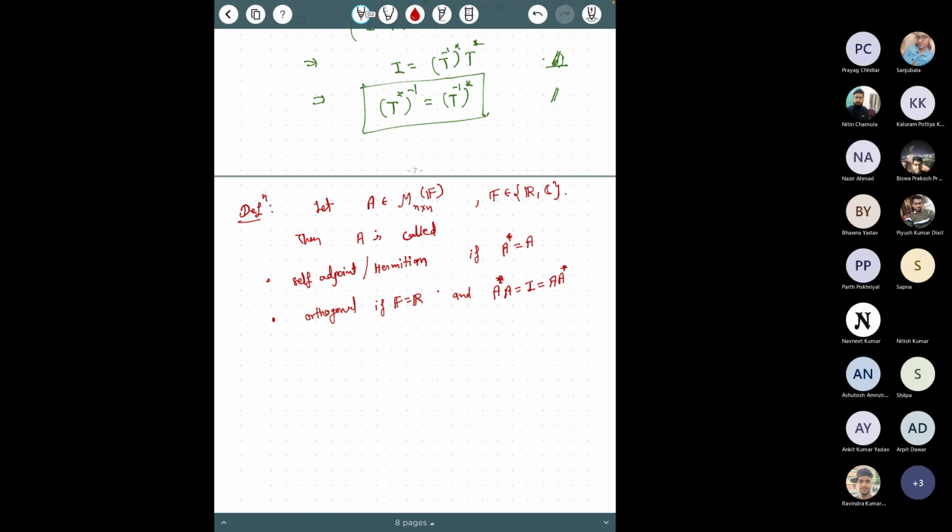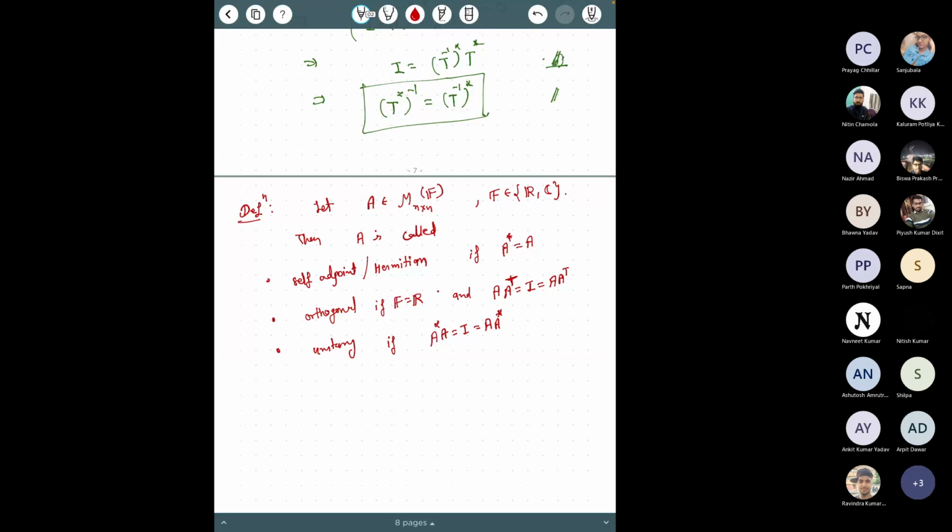In the real case, when F is R, this star is just the transpose, so you can write A transpose. This matrix A is called unitary if A star A is equal to I, which is also equal to A A star. In the complex case, when the underlying field is the field of complex numbers, this is called unitary. If the field is the field of real numbers, then it is called orthogonal.